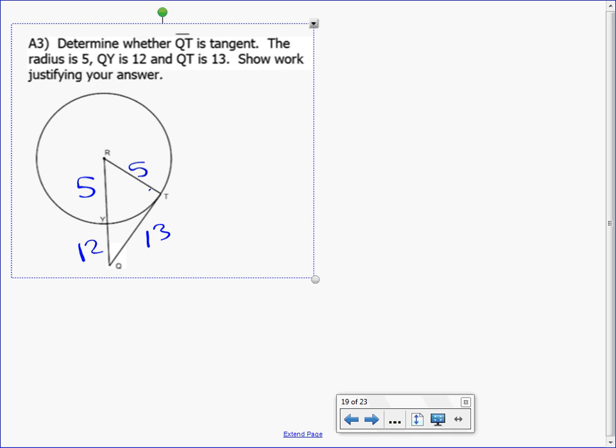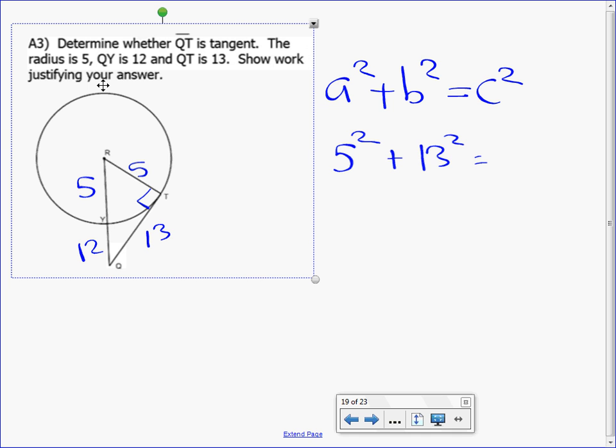So we know it's tangent if that's a right angle. Again, I'm going to see if these numbers for the lengths of the sides of the triangle satisfy the Pythagorean theorem. So for a, I can use 5 squared. For b, I can use 13 squared, and for c, I must use 12 plus 5 squared because that represents the hypotenuse.